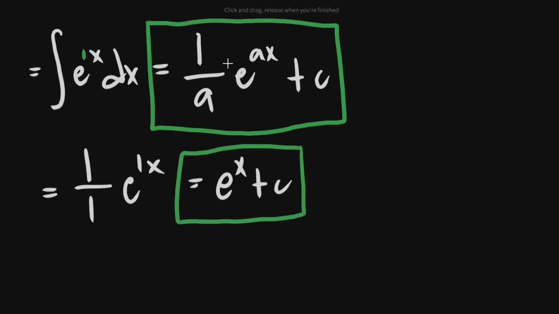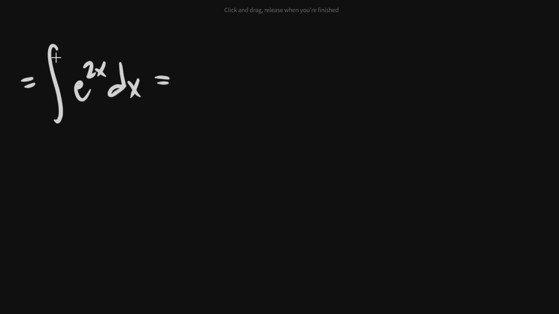So that should be our final answer. And on to the last problem that we have, sorry about that, which is the integral of e raised to 2x dx. Here we have the constant number 2 because here is a dx.